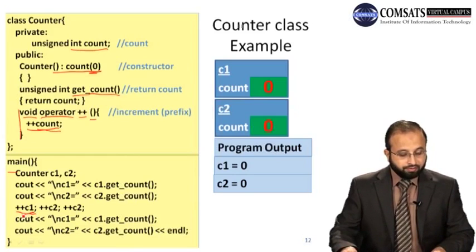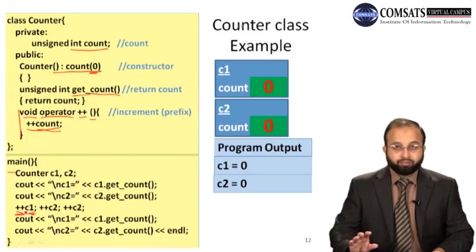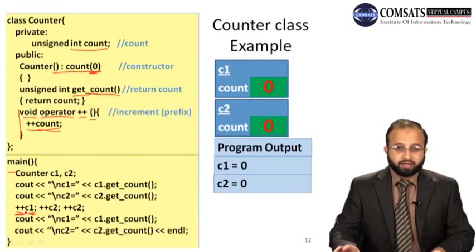Now the compiler will check whether this ++ operator comes with an integer, float, or a particular object of a user-defined type.